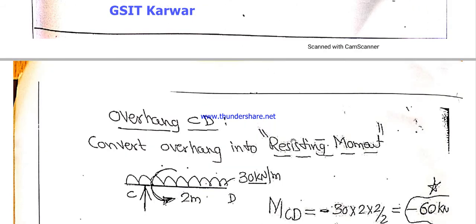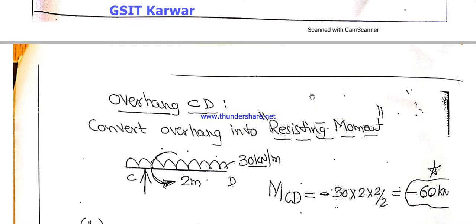And for the overhang, for calculating fixed end moment, the last span is the overhang span or cantilever span CD. Or convert the overhang into a resisting moment. That means if there is no fixed support, then in case of overhanging we can consider resisting moment.